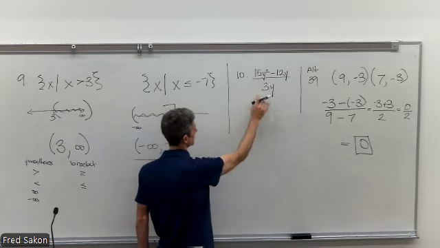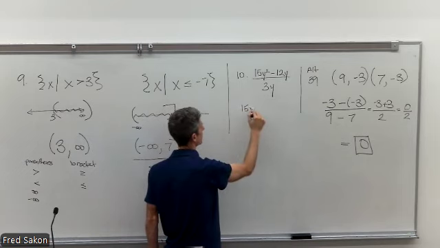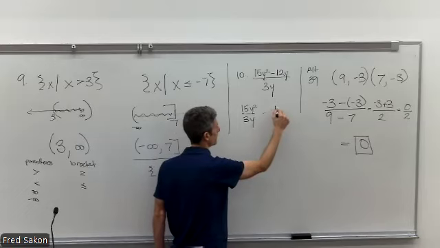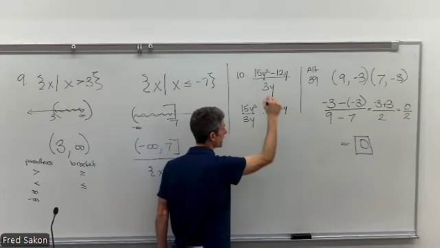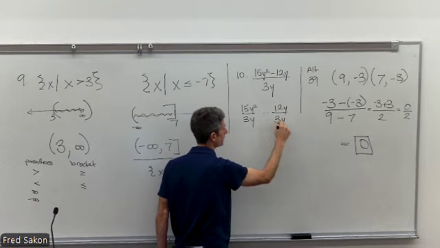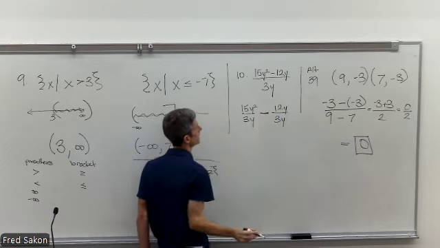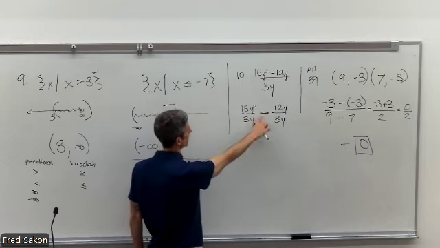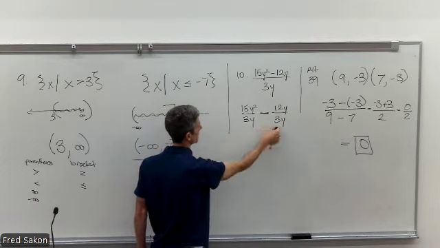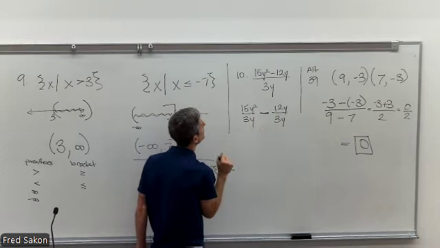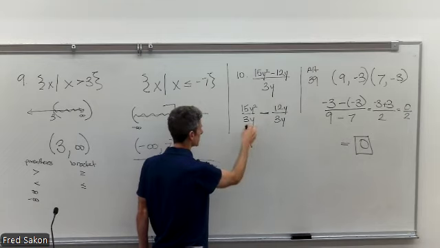For dividing a single term, I recommend going ahead and writing out all of the things on the top over that term, like that. We have 15y squared minus 12, all divided by 3y. Then you can focus on each one.